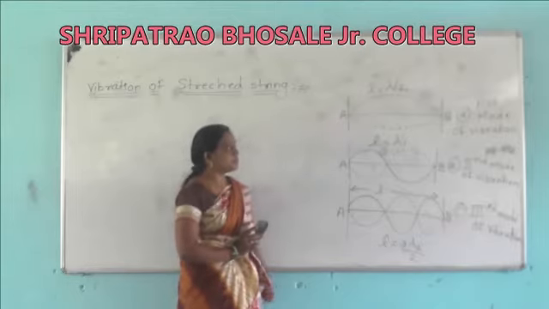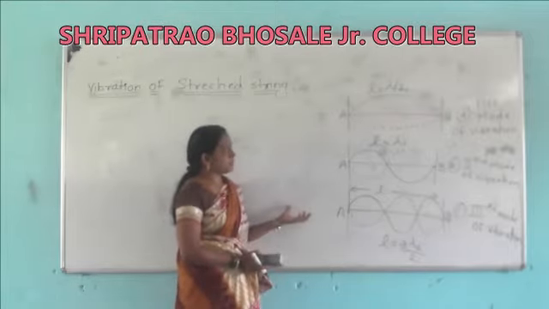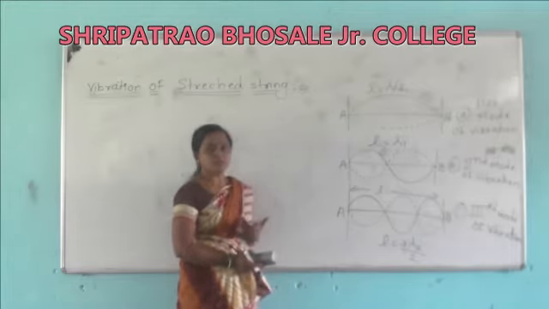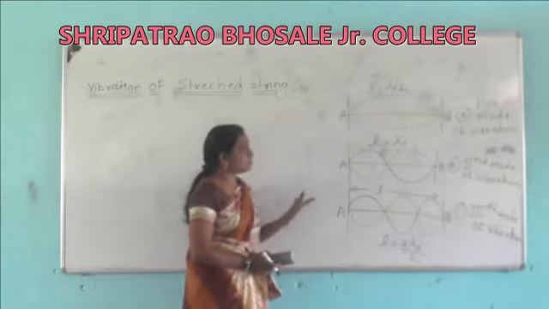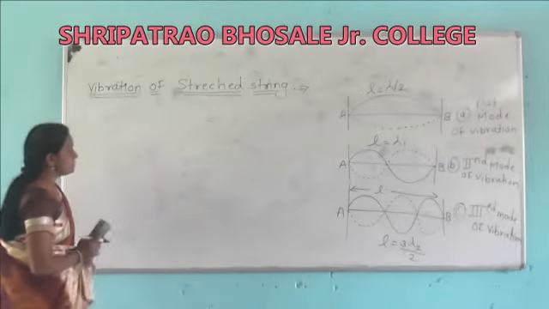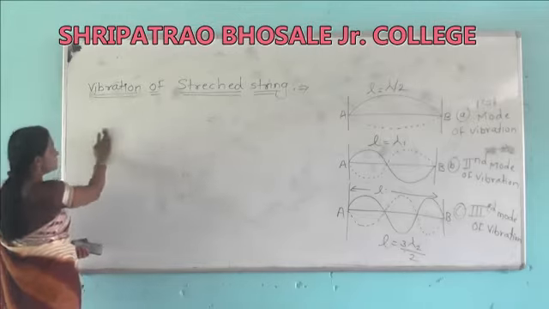Then transverse waves are created, and due to superposition of these two transverse waves we get a resultant stationary wave, called the vibration of a stretched string. We get three modes in the first case.